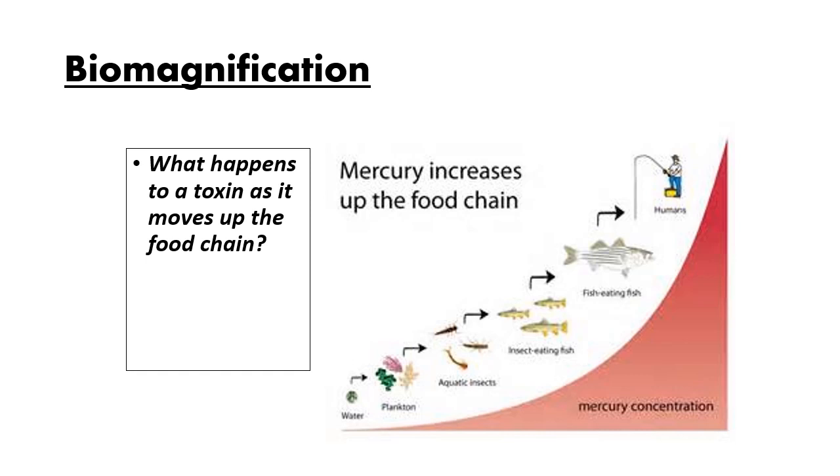So if the plankton had only one concentration, the aquatic insect needs to eat, let's say, 3 to get its daily nutrient value. So that one that was in the plankton, well, it just ate 3 plankton. So now that one aquatic insect has 3 mercury.